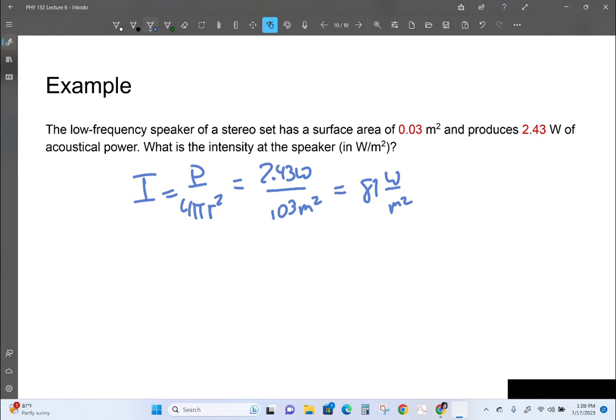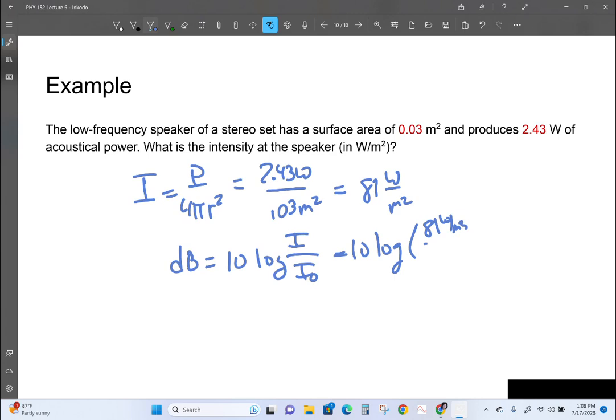And then if I want to turn that into a sound level, decibels, I could plug it into the formula from before: 10 times log base 10 of the intensity over intensity naught, or 10 times log base 10 of 81 watts per meter squared divided by 10 to the negative 12 watts per meter squared.